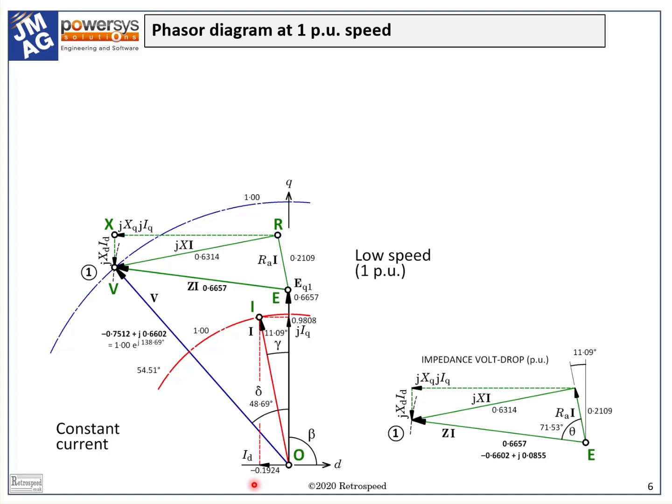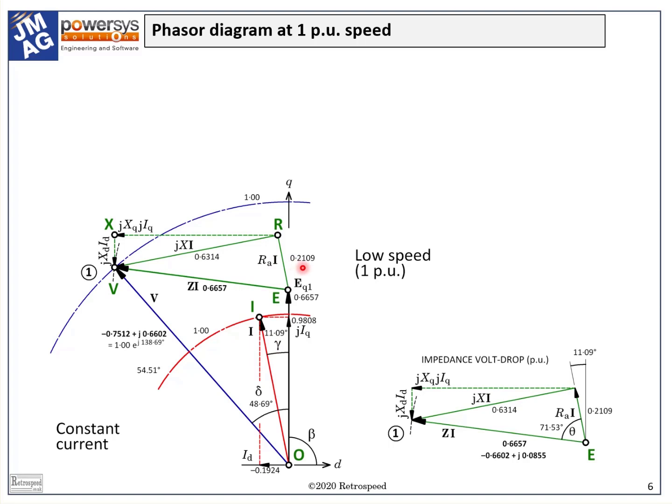We can now complete the phasor diagram by adding the voltage drops in the armature or stator impedance. Starting at the tip of the EMF phasor at E, we first add the resistive voltage drop ER, or RA times I, in phase with the current.